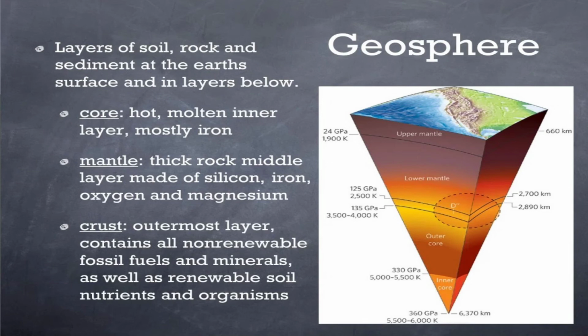And the third one is the crust, the outermost layer of the lithosphere, which contains all non-renewable fossil fuels and minerals, as well as renewable soil, nutrients, and organisms, as shown in this diagram.